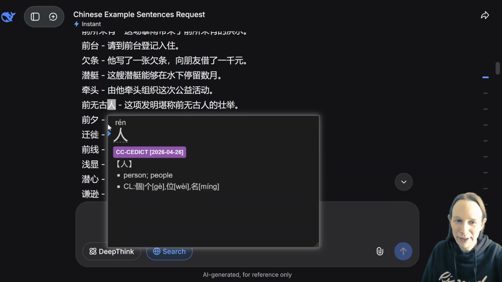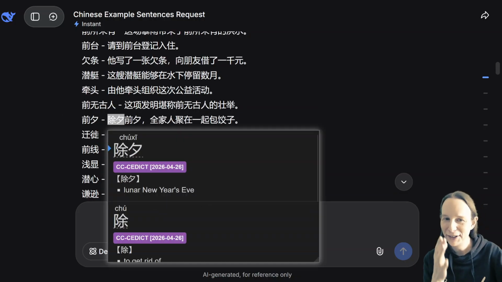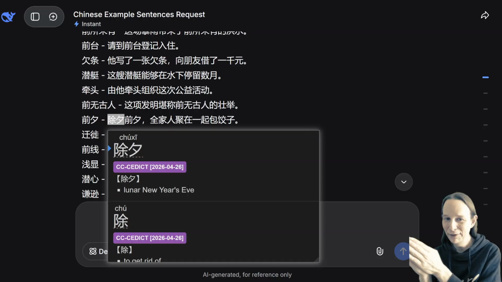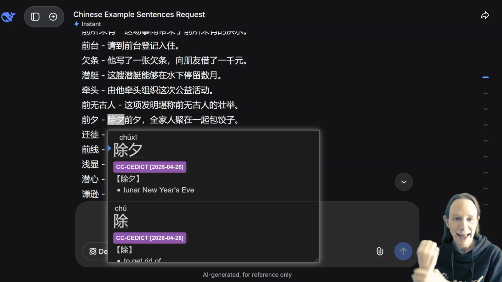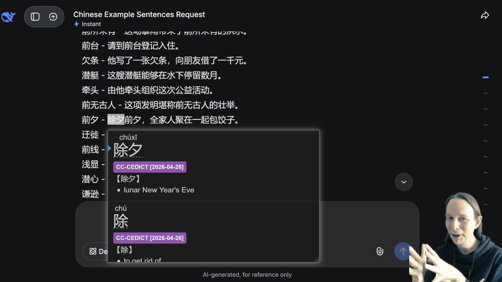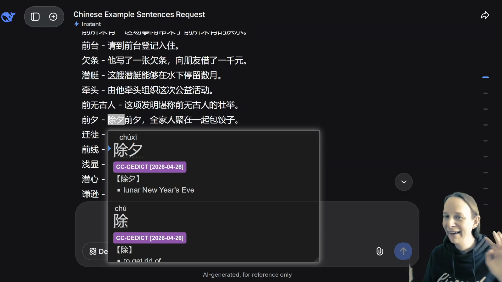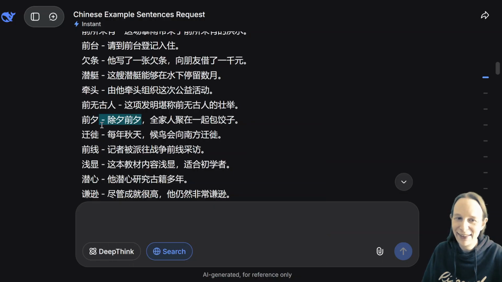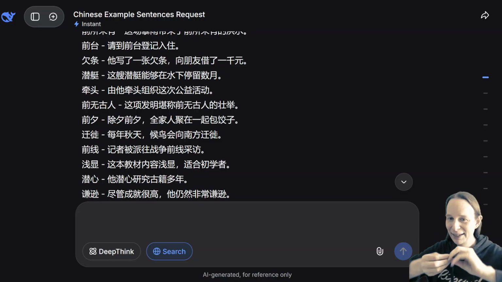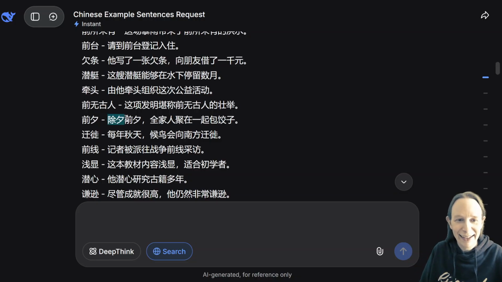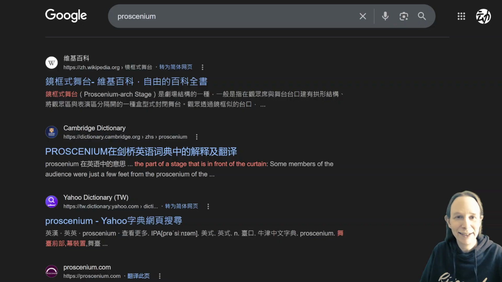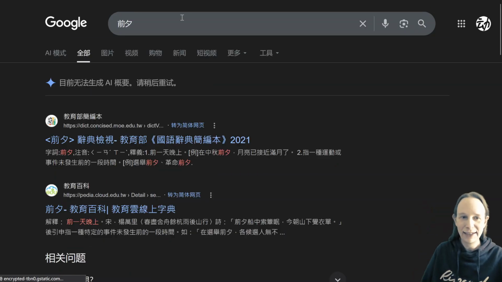So 除夕 is the specific one for Lunar New Year's Eve, the day before New Year's, and 前夕 is the day before some other day. 除夕前夕. 全家人聚在一起包饺子. 包饺子 is to make dumplings. Yeah, which is the Chinese thing to do during Spring Festival at that time.